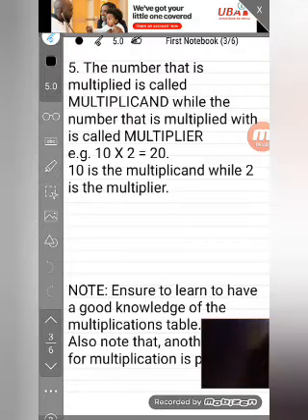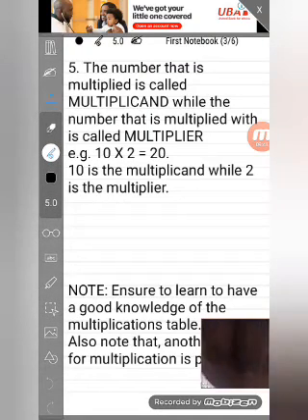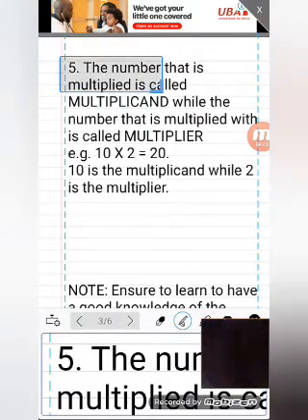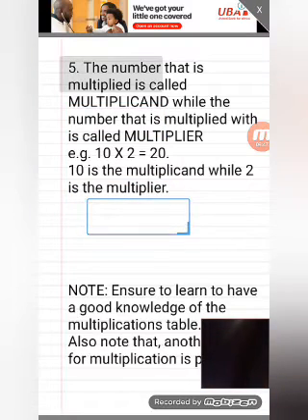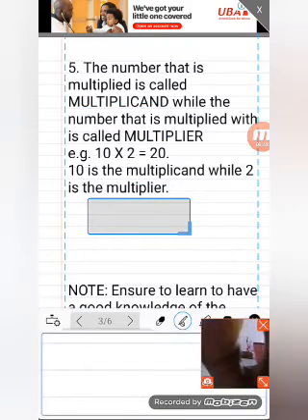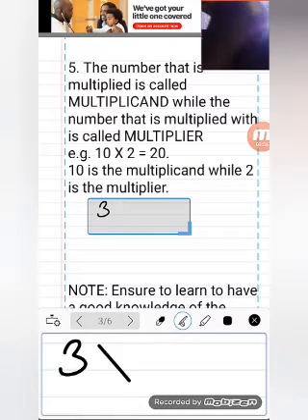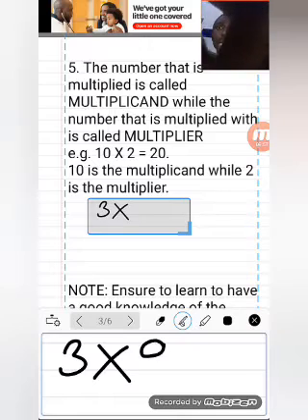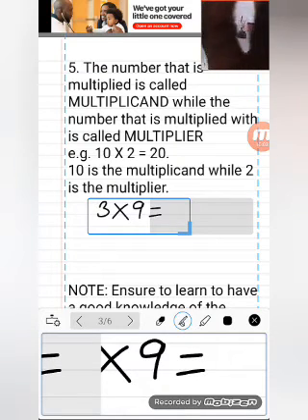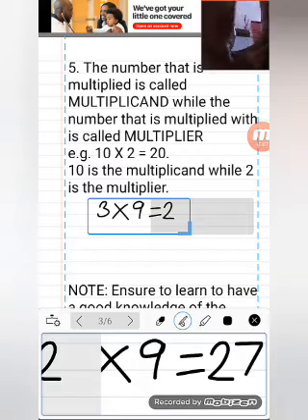Same thing, if we have another example. Let's say we have 3 times 9, which is actually 27.